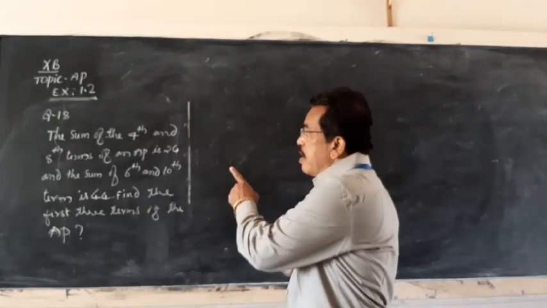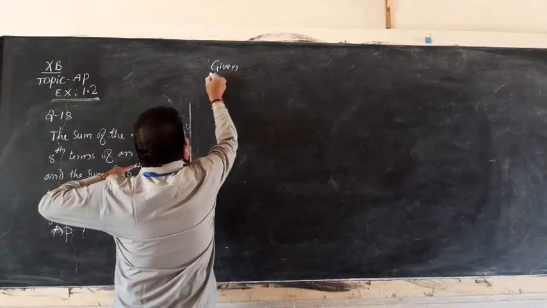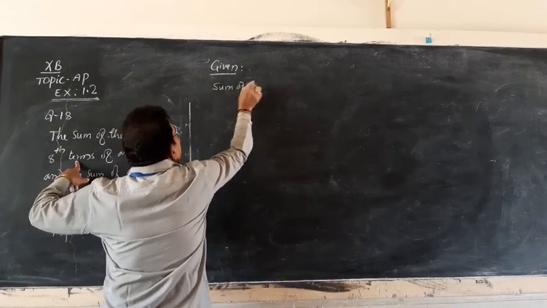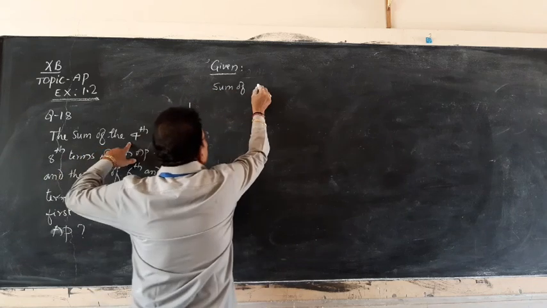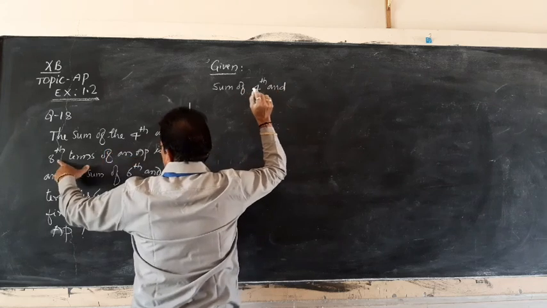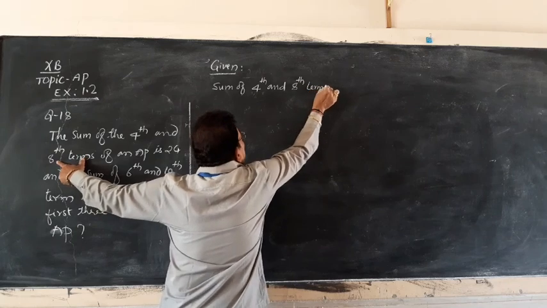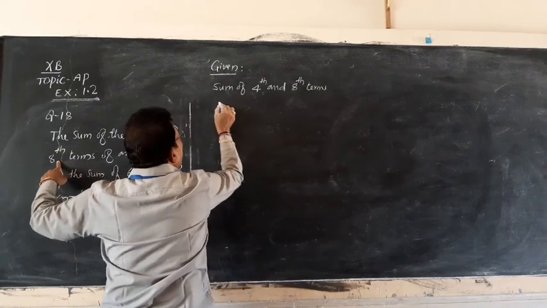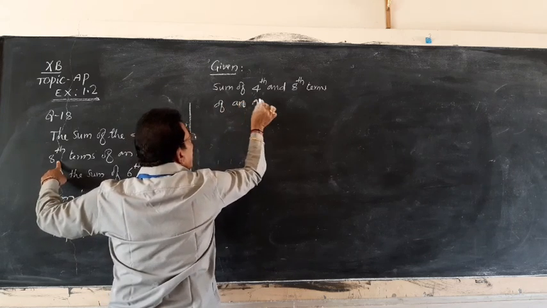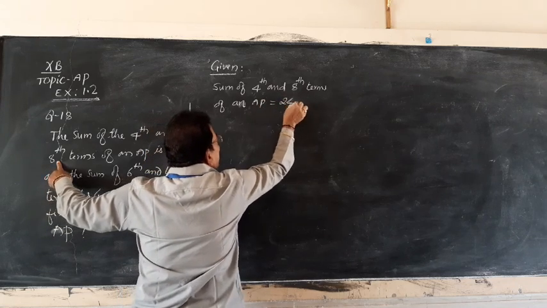Let us write what they have given in the solution. Sum of fourth and eighth terms of an AP equals 24.